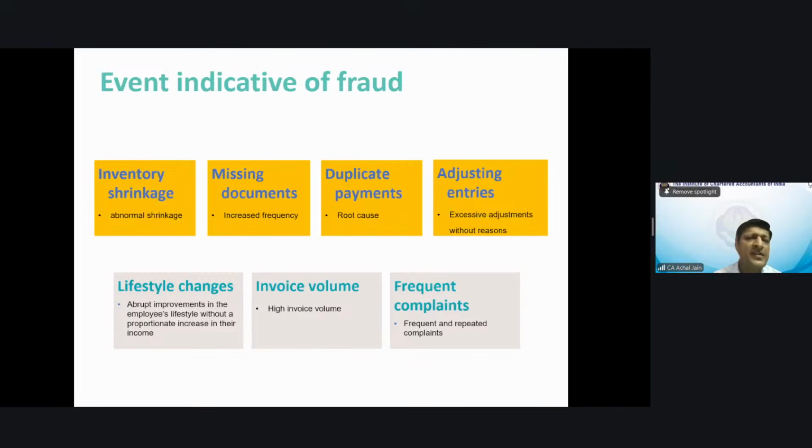Now, what are the events you can see, or some of the examples we can say might be there in relation to fraud? So as we talked about, inventory is a very common thing that you come across. Missing documents, duplicate payments, okay, in respect of processing of bank payments.